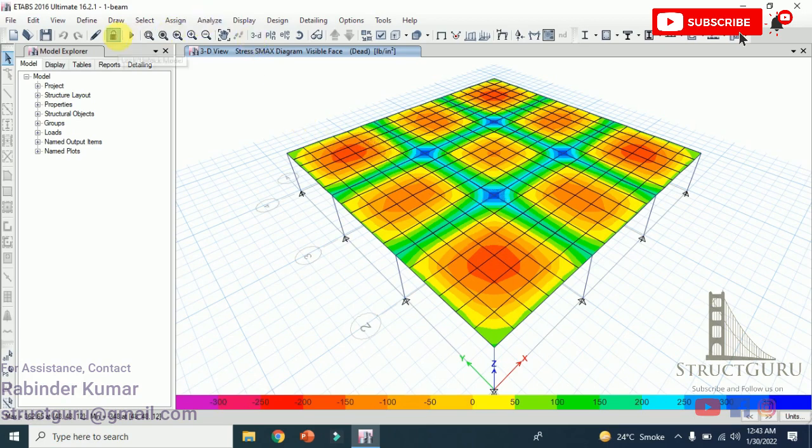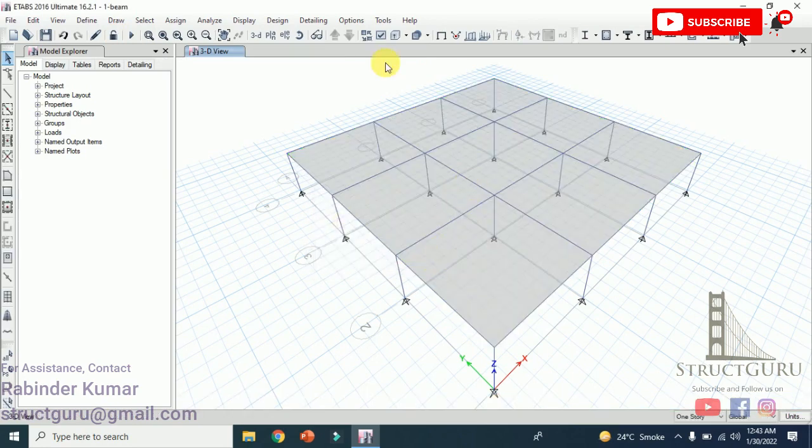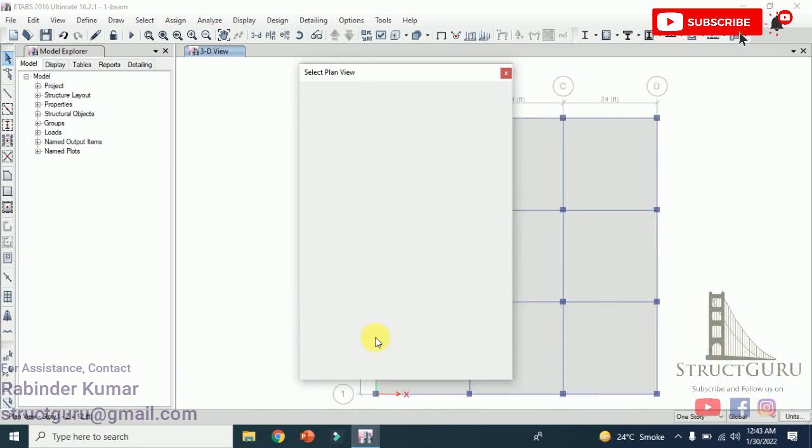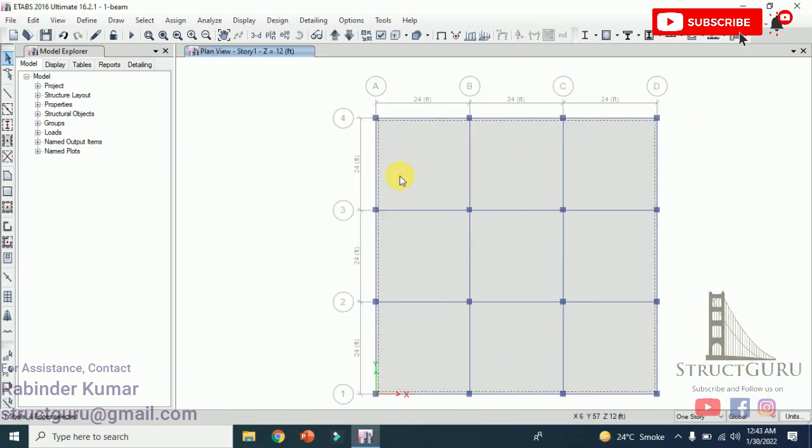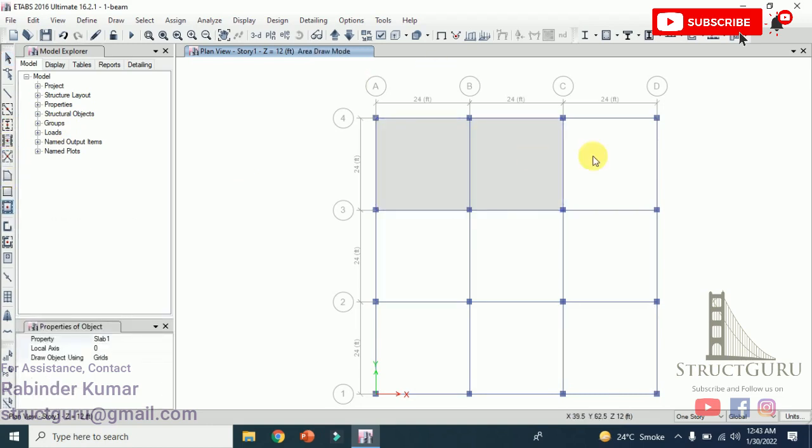Now again we will be modeling the same structure with individual slabs. So first remove this. Let's model the slabs individually.